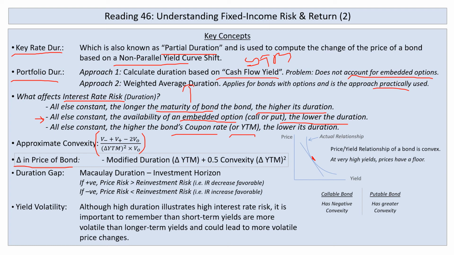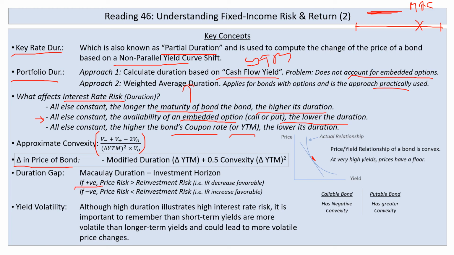Now let's talk about duration gap. Duration gap is basically what? Macaulay duration minus investment horizon. So as we explained earlier, Macaulay duration is some point over here. If your investment horizon is somewhere before Macaulay duration, then you have a positive duration gap.